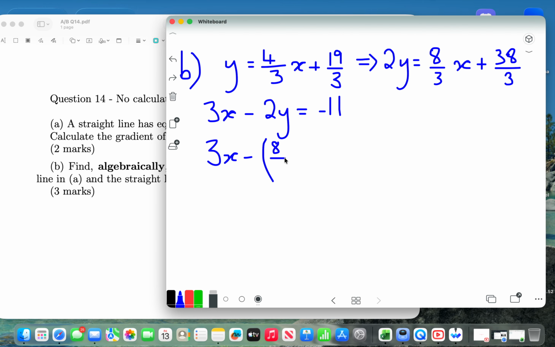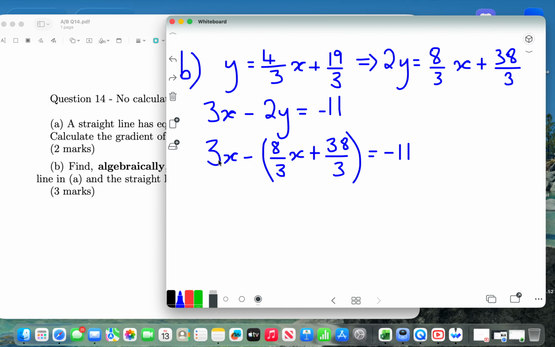So let's substitute in to get an equation in just x. Three x minus 8/3.